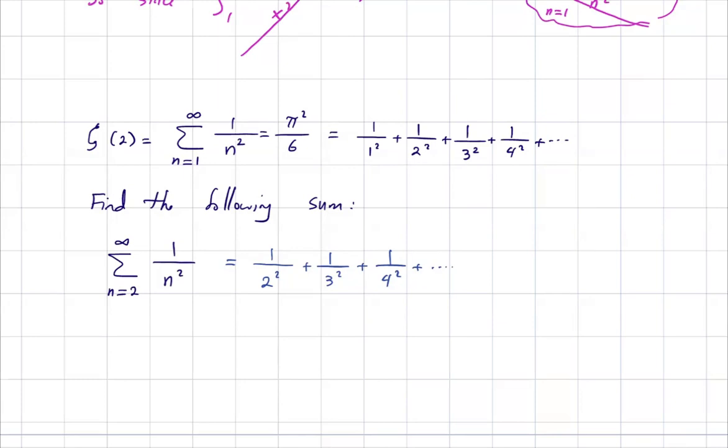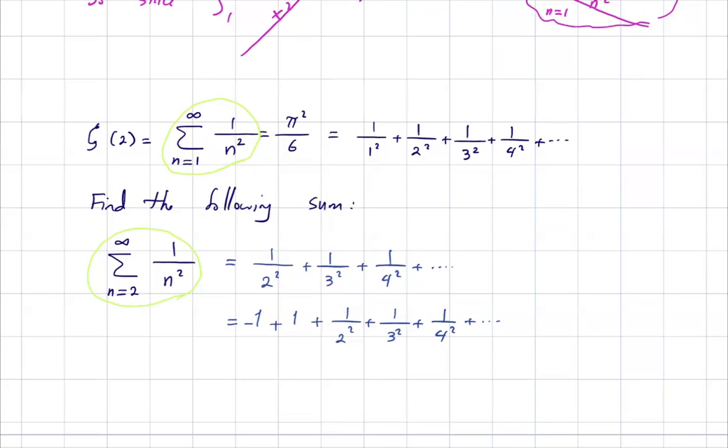I'm going to compare this summation and that summation together. What is missing here? 1 is missing. So you can rewrite this as zeta of 2 minus 1 and do the calculation. Very easy.